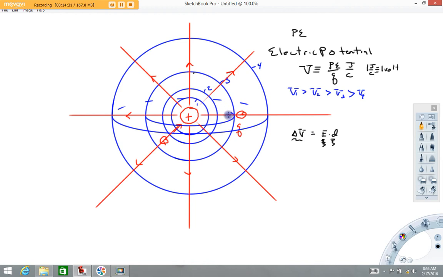As we move further out, now the field's a little weaker. So if I want the same change in potential, the distance between them has to be a little bit larger. So as we get further out, the electric fields are getting weaker and weaker, therefore you need a larger distance to make up the same potential difference. I'm going to get rid of this charge in here. We don't really need this guy anymore.